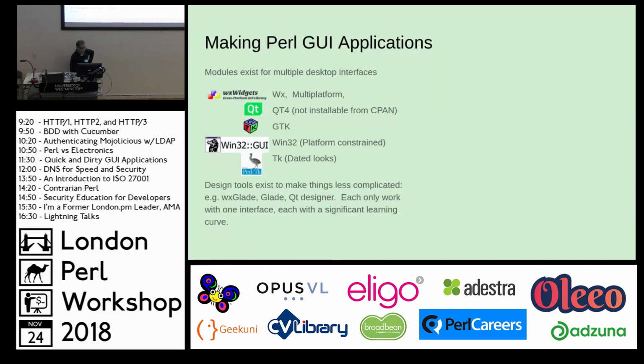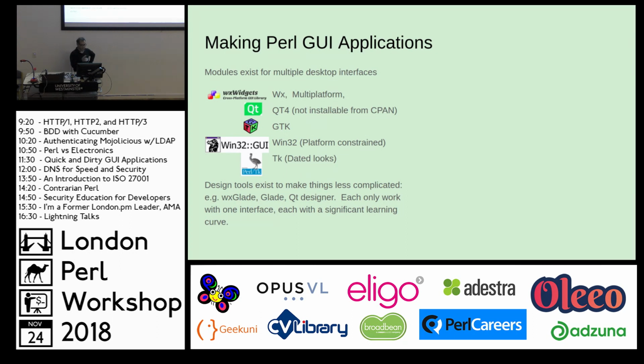Essentially, it is possible to make Perl GUI applications. Lots of toolkits exist. WX, supposedly multi-platform. Qt is not easily installable from CPAN anymore, I don't think. GTK is actually not too difficult.